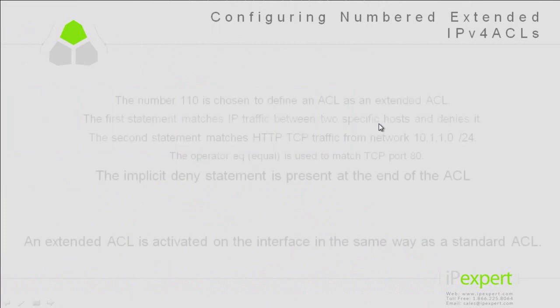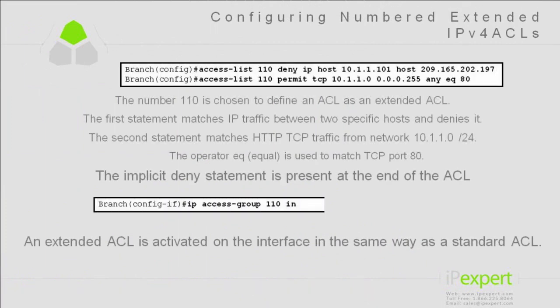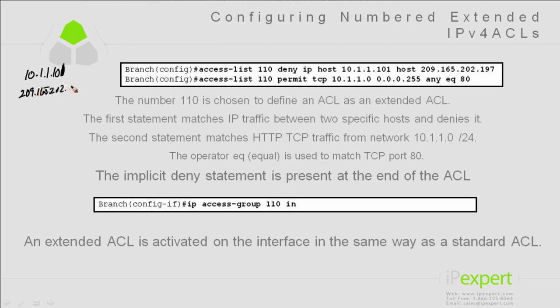To make this real, we're going to have to create the access list and apply it on the specific prefix. Now I said that we were going to restrict access from the address of 10.1.1.101, and I wanted to make certain that it did not have the capability of hitting 209.165.202.197.